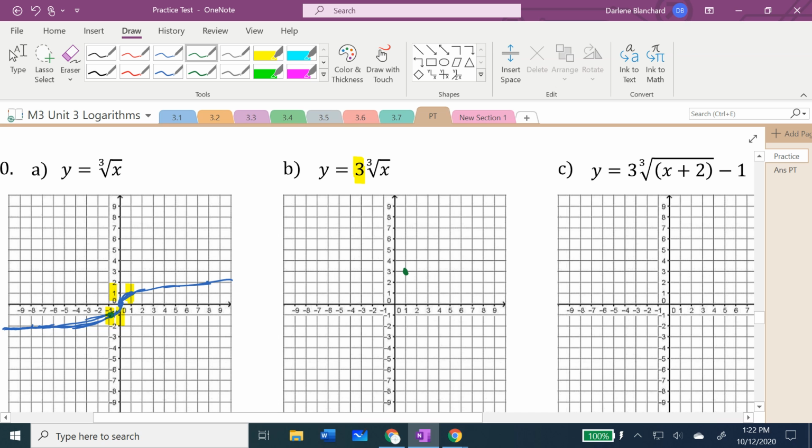And then this point will keep the -1 x, but be -3. And 0 multiplies to stay 0. And then just make sure that it has the idea of the shape.